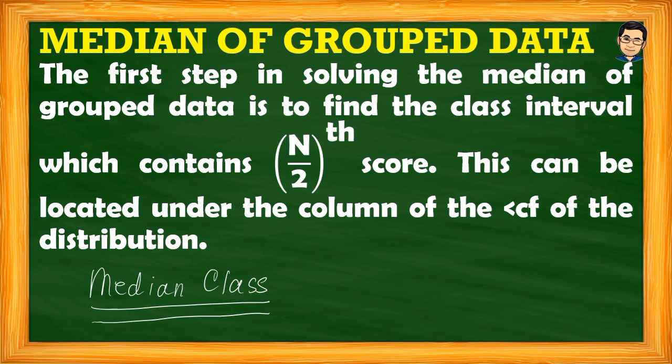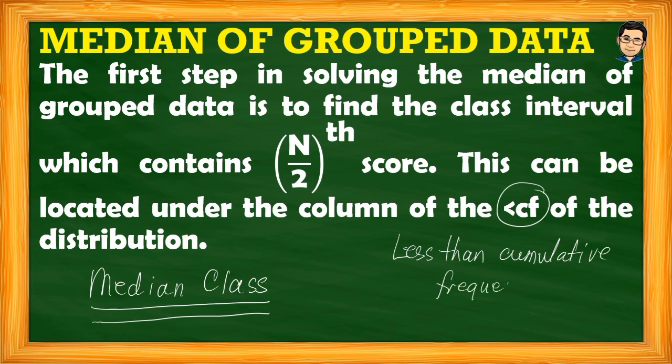So, malalaman lang natin yung median class natin kapag yung n, yung total frequency, dinivide natin sa 2. And then, meron tayong additional column dito, yung tinatawag nating less than cumulative frequency column. So, i-discuss natin siya mamaya.